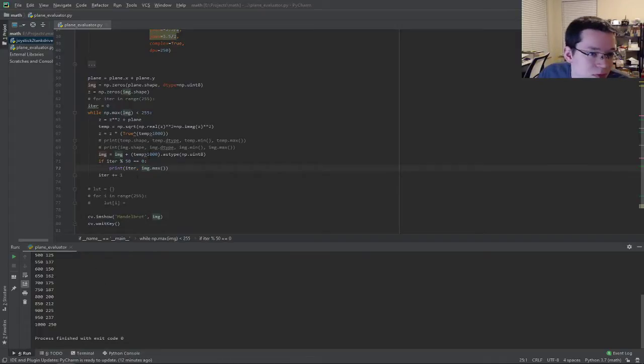So let's experiment a little bit. We're having a problem where the imaginary parts and the real parts are both exploding and getting very, very large very, very quickly. So maybe something that we can do is take the log of the magnitude value if it satisfies this condition.